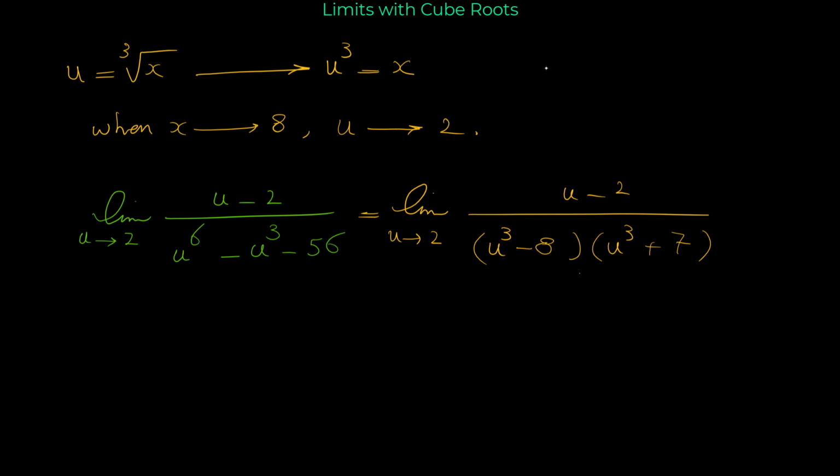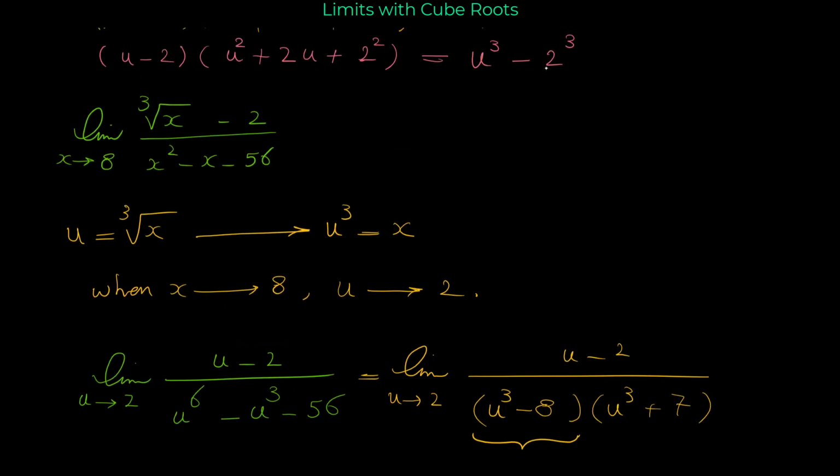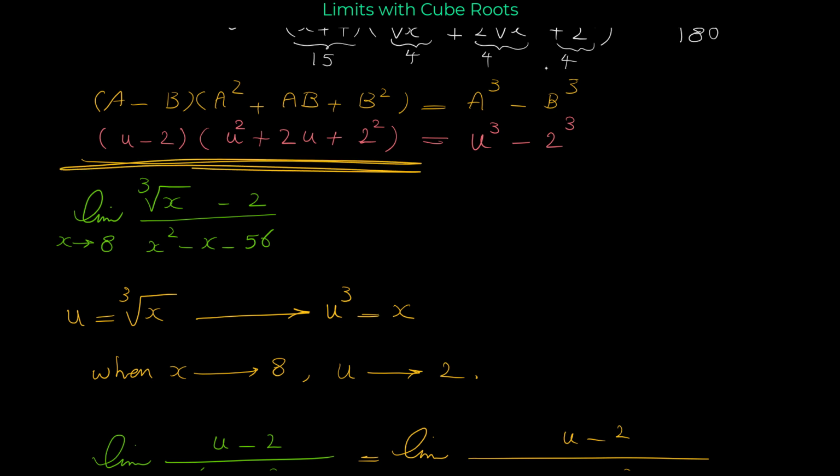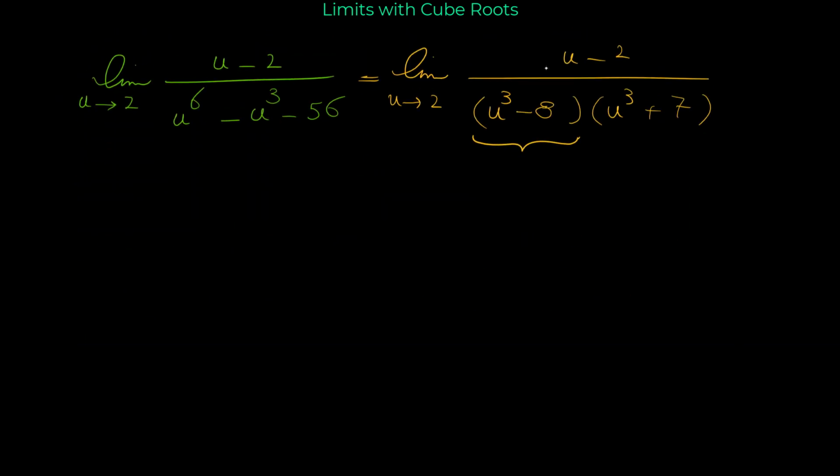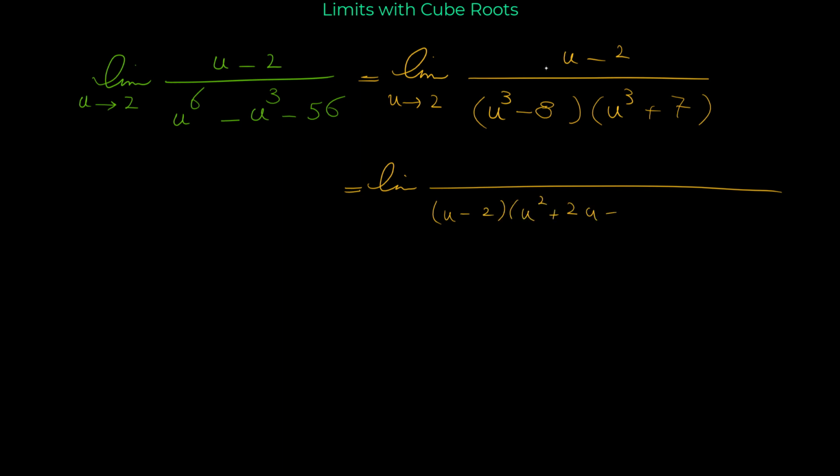Now we know that we can factor u to the 3 minus 8 in the form of u minus 2 times u to the 2 plus 2u plus 2 to the 2. So the denominator can be factored in the form of u minus 2 times u to the 2 plus 2u plus 2 to the 2 times u to the 3 plus 7, and in the numerator we have u minus 2 as u approaches 2.